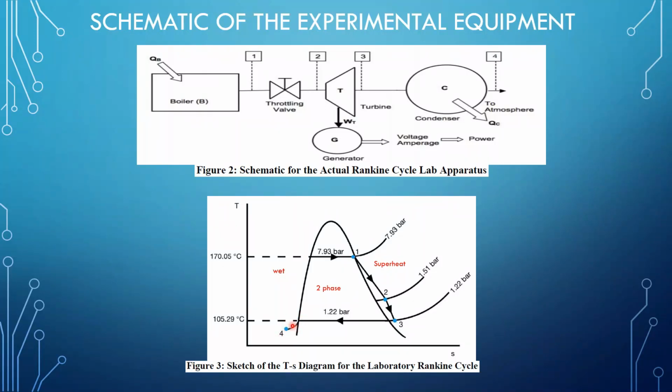However, in an actual plant application, to improve the thermal efficiency, as I previously mentioned, this liquid condensate is usually pumped back up to the boiler, and the cycle repeats. This is what you call a closed cycle system. But as I also mentioned, it's not practical to do this on a small scale system like this.